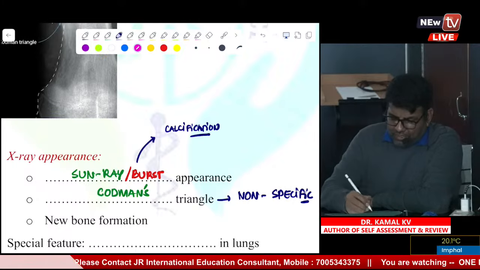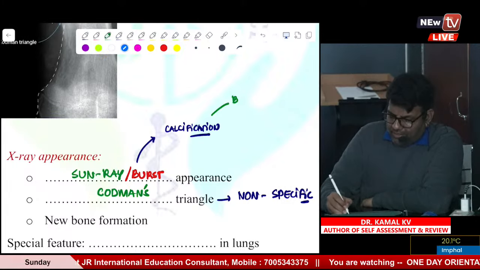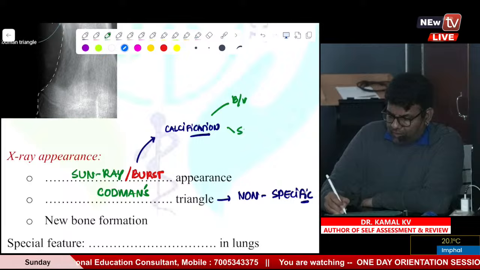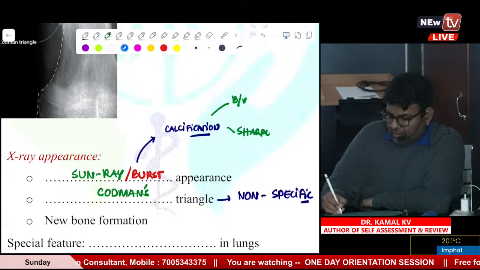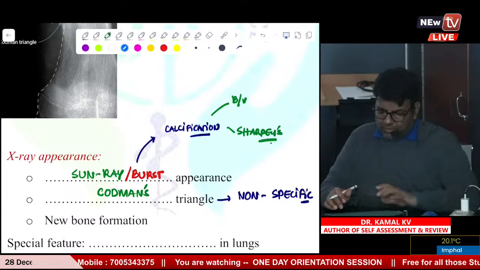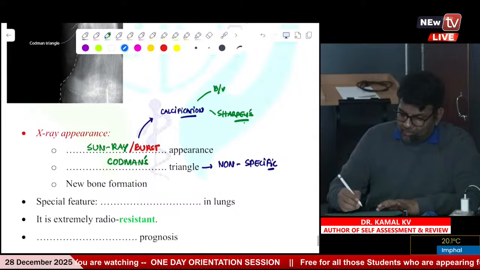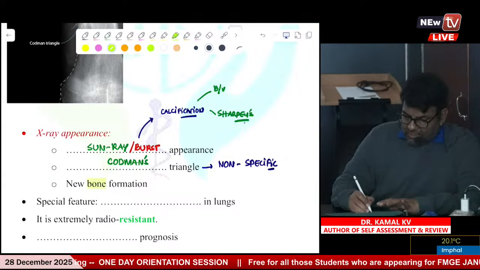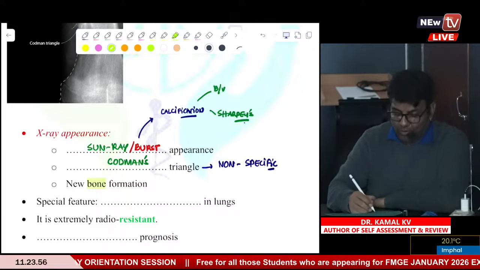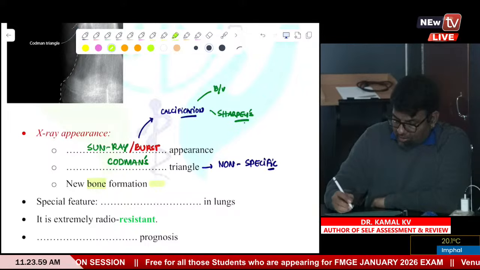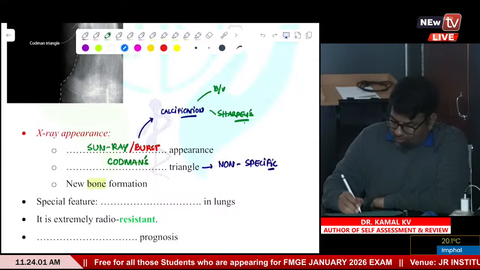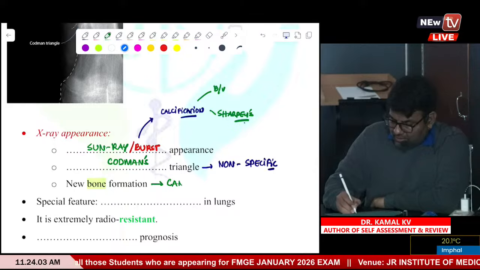And the calcification can be seen along blood vessels or Sharpey's fibers. Clear? So this is sunray appearance. And this is one tumor where the cancer cells are forming new bone. So this is very important. So new bone formation by cancer cells.